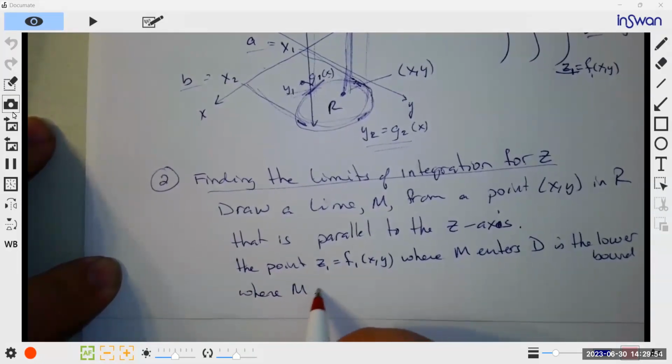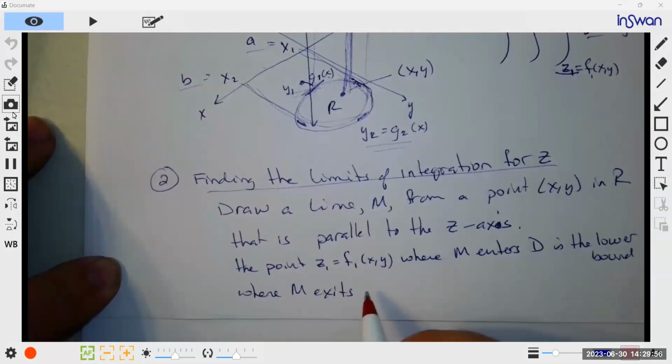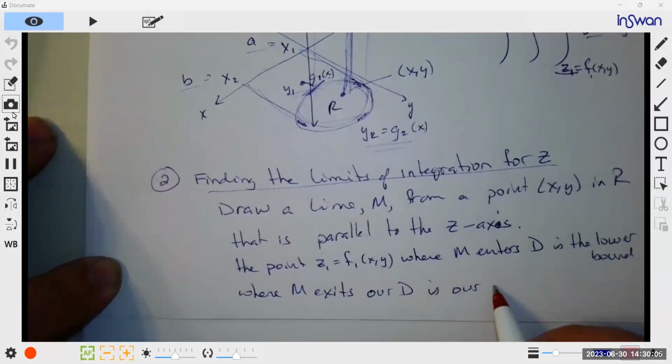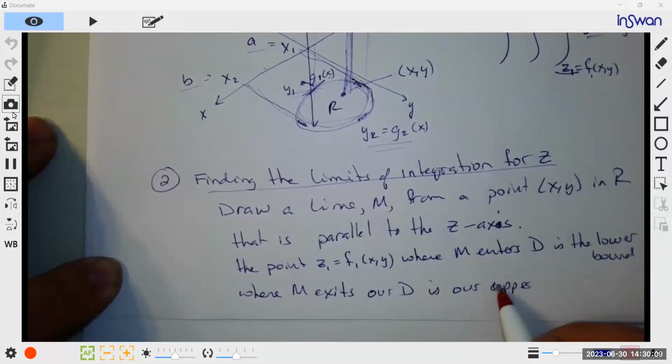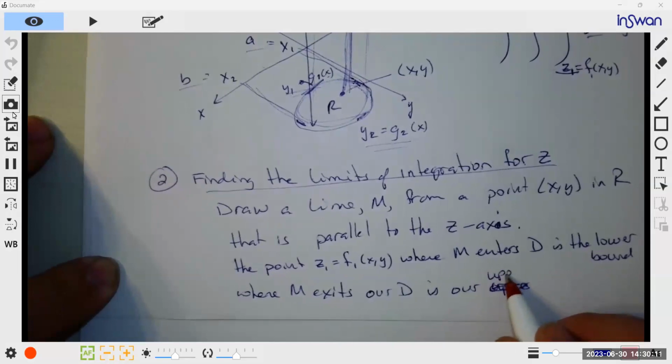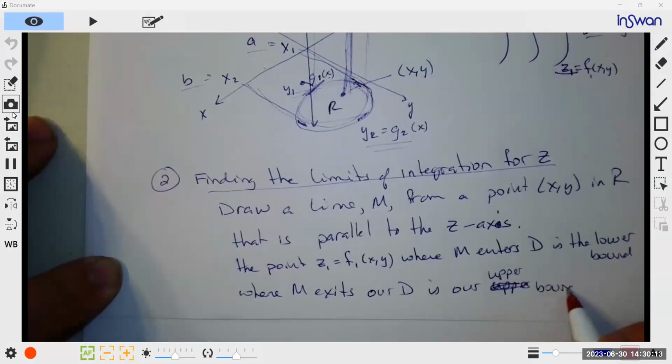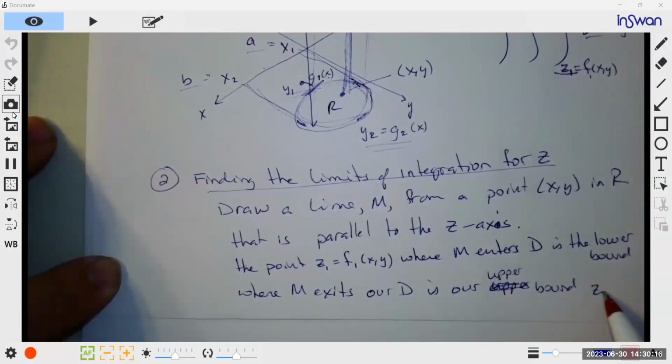Where M exits our graph is the upper. That's Z2.